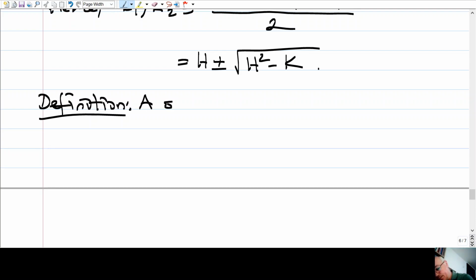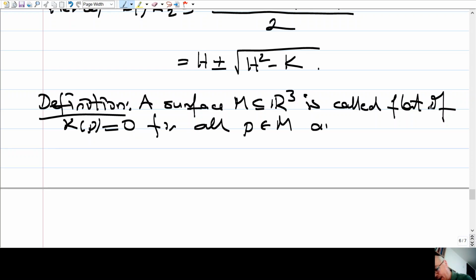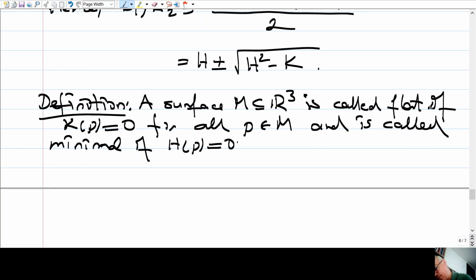A surface M in R3 is called flat if the Gaussian curvature is 0 for all P in M, and is called minimal if the scalar curvature is 0 for all P in M.